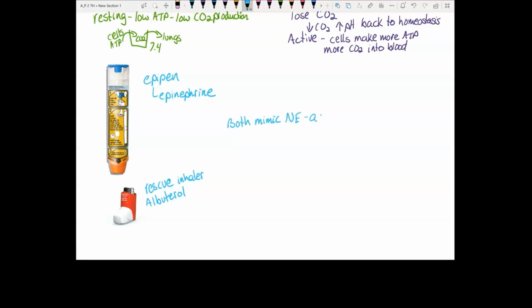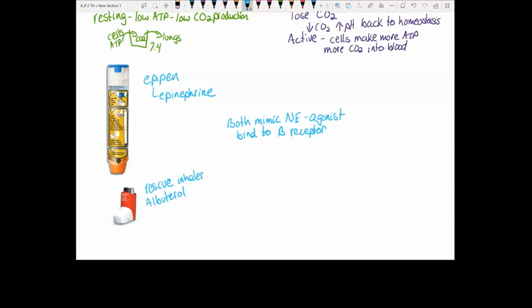So that is called being an agonist. They are both norepinephrine agonists. So they will both bind to the beta receptor. Now, back when we were talking about the heart, we talked about beta blockers, something that binds to the beta receptor and blocks it, prevents norepinephrine. But here, they're a norepinephrine mimic.